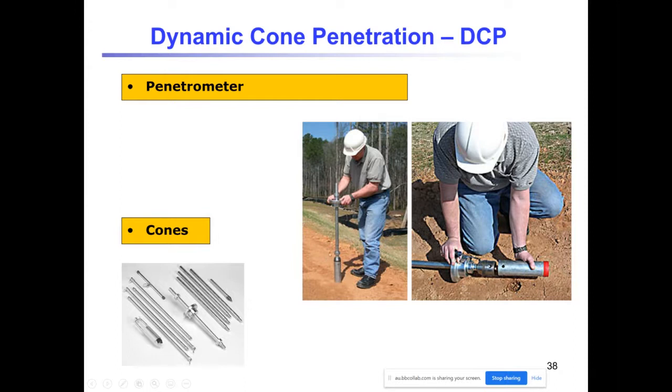There is one cone at the bottom, but the nature of the test is different from the CBR test. As you can guess from the name, it is a dynamic test. So you need to apply impact load. In the previous test, we had a quasi-static loading condition, but here we have a dynamic loading condition.